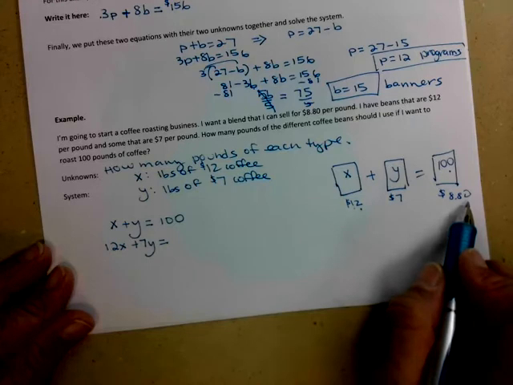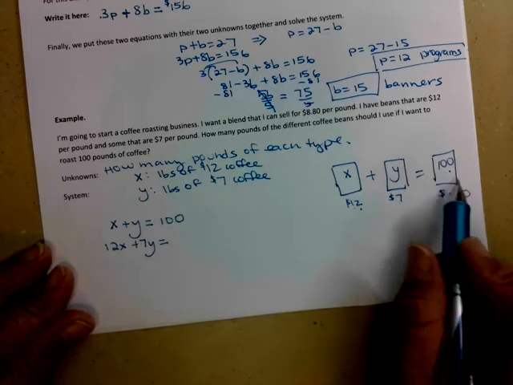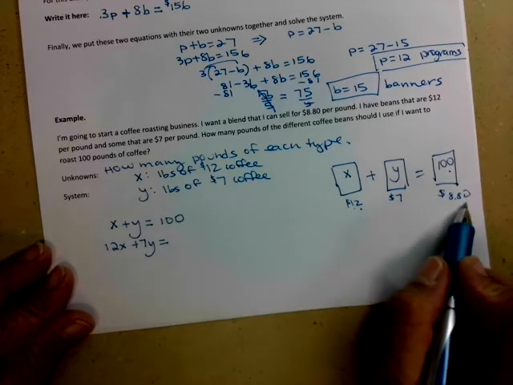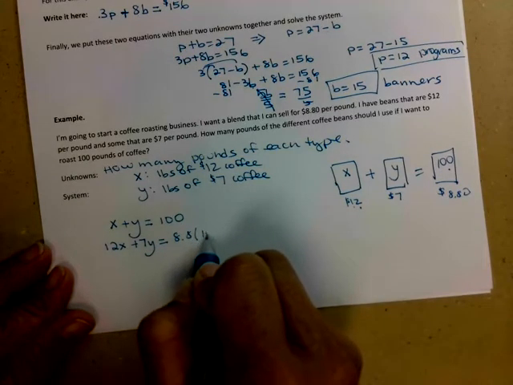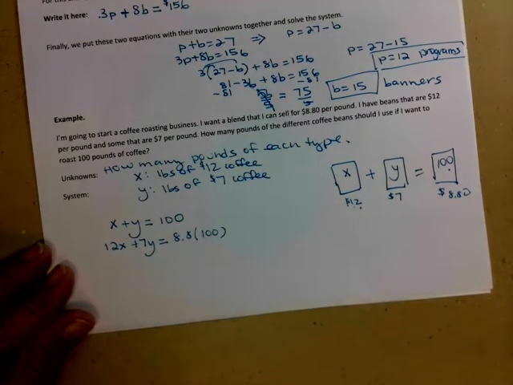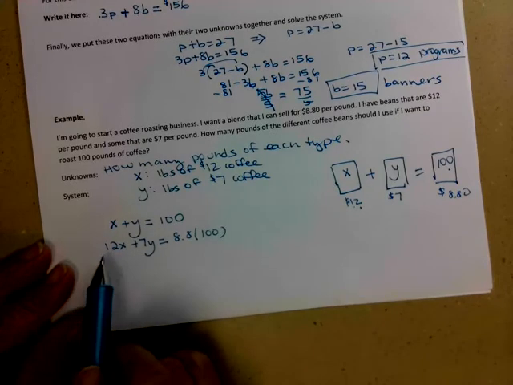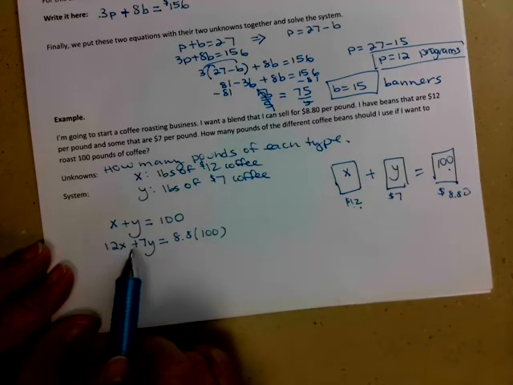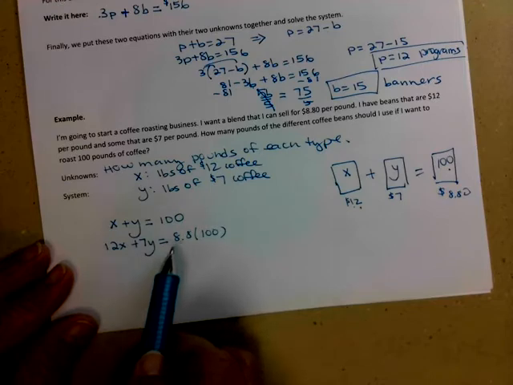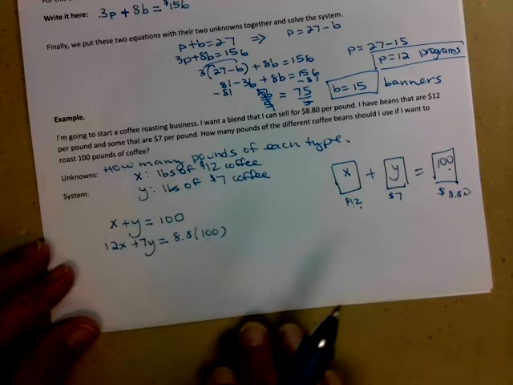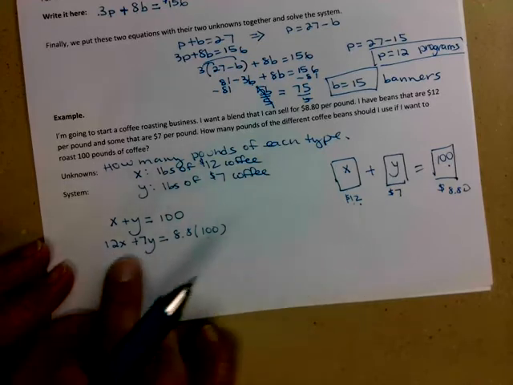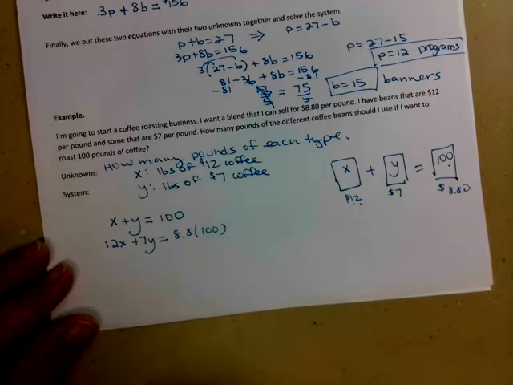And then when I end, I want 100 pounds that's worth $8.80 per pound. So 8.80 times 100. So dollars per pound times pound, dollars per pound times pound equals dollars per pound times pound. So we're coming up with the same idea.